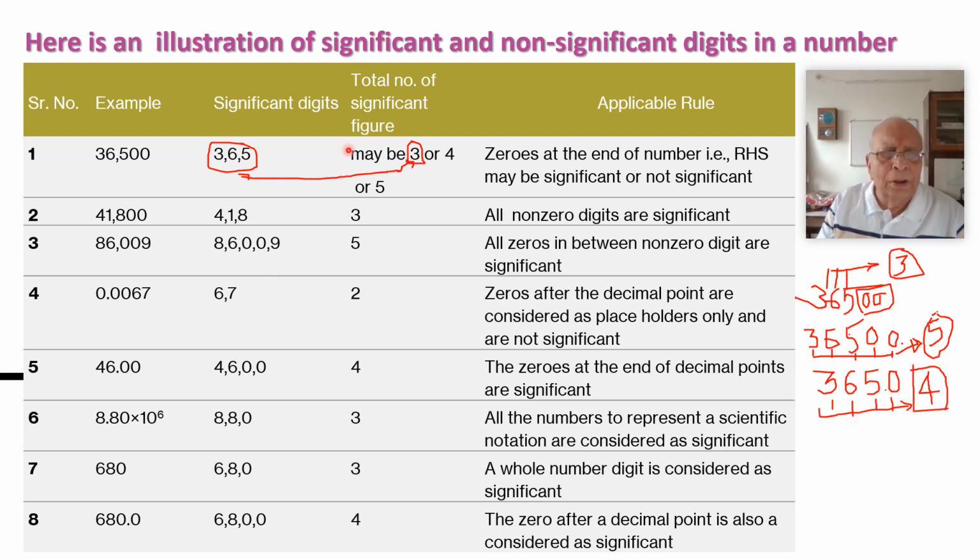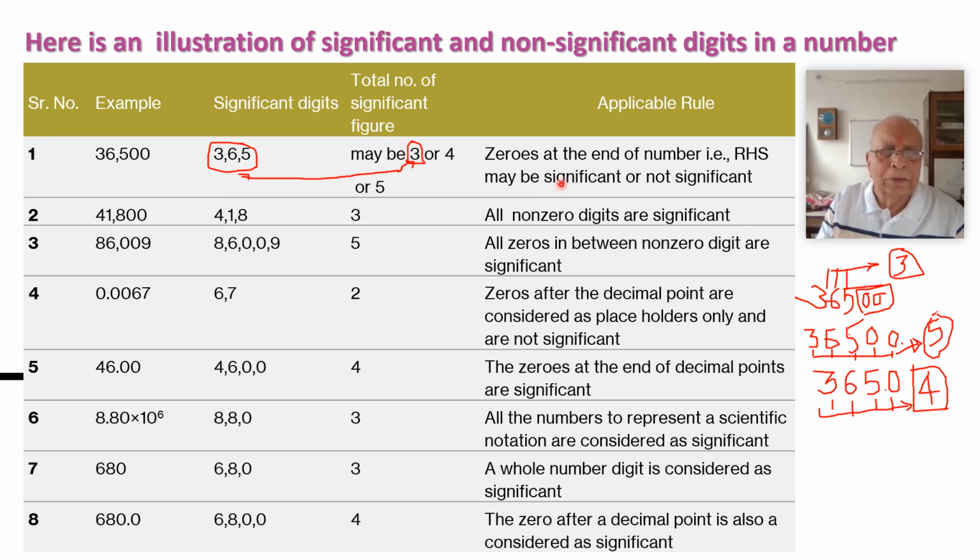365.04. So it may be 3, 4, 5 depending upon the conditions. Zeros at the end of the number, right hand side, may be significant or not significant. These are the cases when it becomes significant or non-significant.